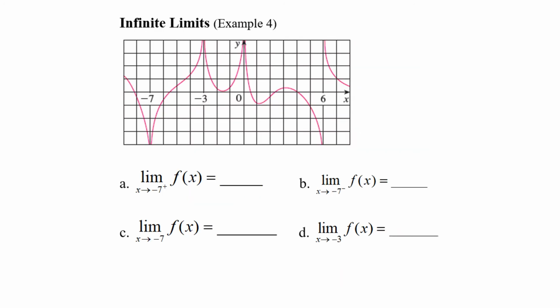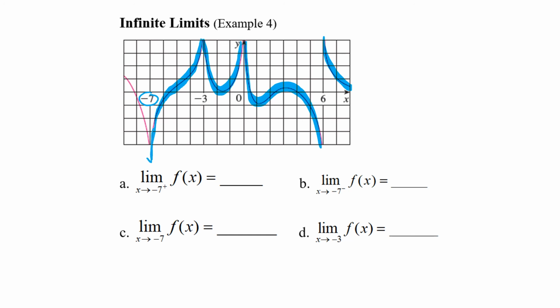Okay, now we're going to look at infinite limits. We'll start with the limit as x approaches -7 from the right. So we're approaching -7, and we're going to start with our right-hand limit. As we trace our function from the right, it looks like as we get closer and closer to -7, well, there's a vertical asymptote at -7.